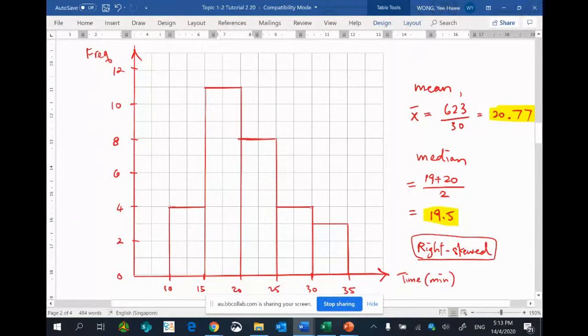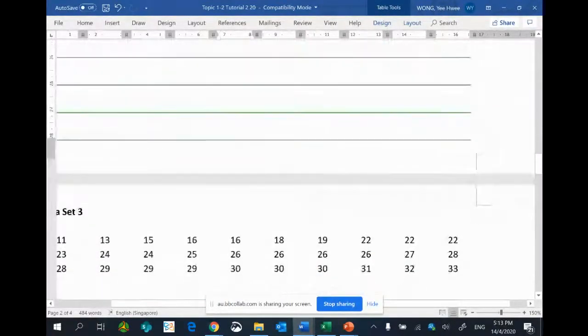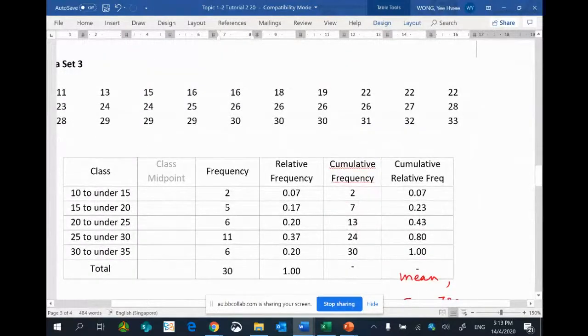Now we go to the next data set. The next data set, this is the tabling. Did you get the right frequency?